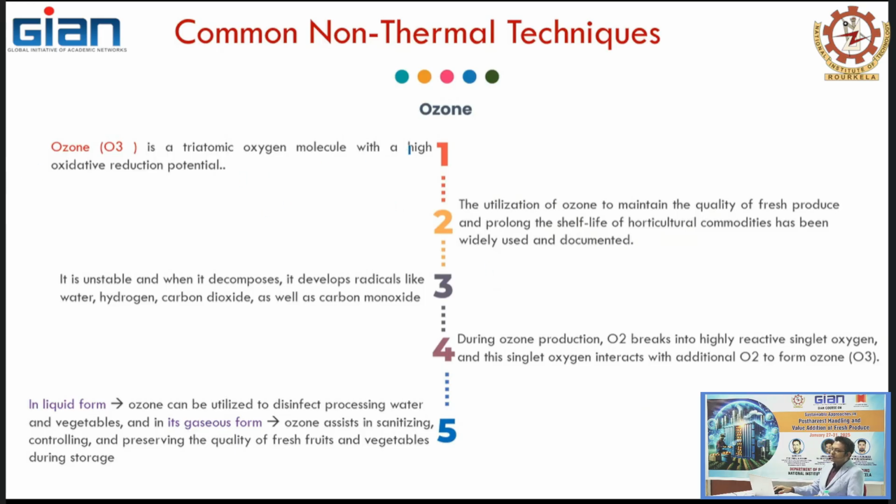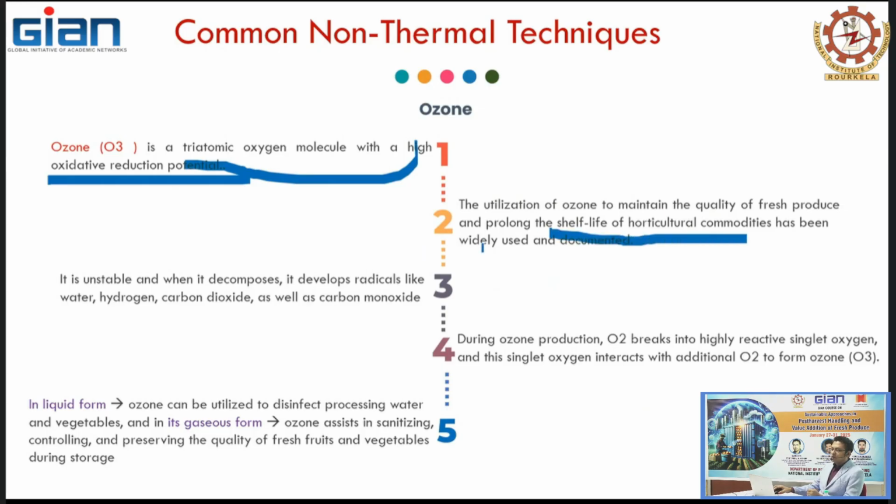Because it has a very high oxidation reduction potential. The process is still very popular nowadays; I believe ozone came into the market around the mid 20th century to preserve food products. The basic purpose of ozone is to extend the shelf life of the product, and that is commonly used.